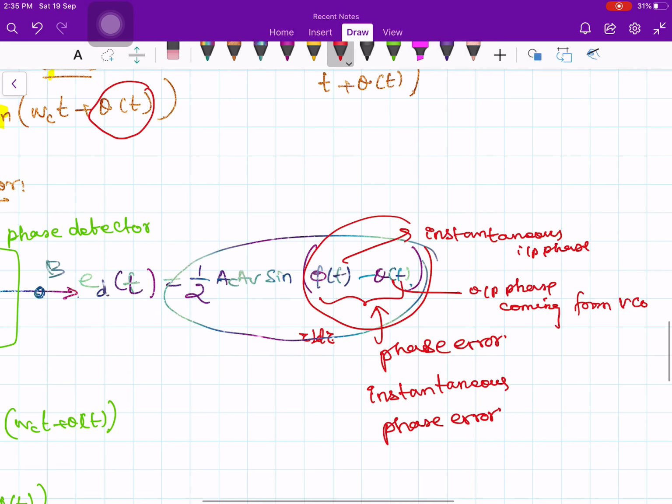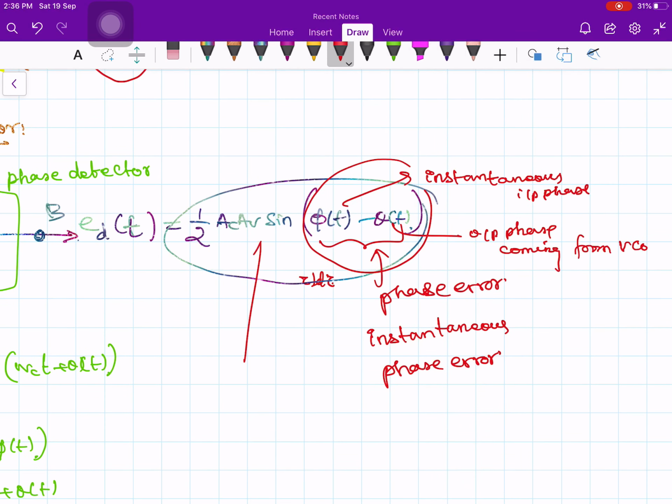Now if you look at this equation, of course this is not a linear equation. It is not linear dependence. It is a non-linear dependence because of the sinusoid function here. But nevertheless, it is a dependence, right?